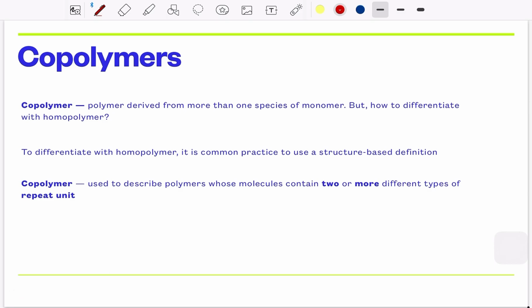Now, the other thing is copolymers. So we have the homopolymers, that is one species or more, but it makes a group. And the question, how to differentiate with a homopolymer? So we are going to see the structure.